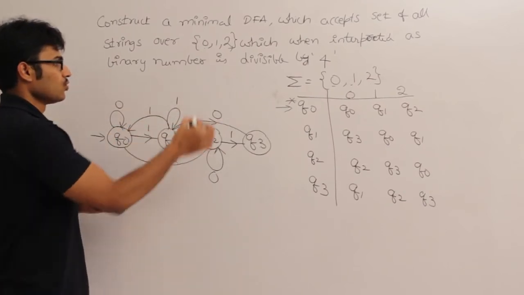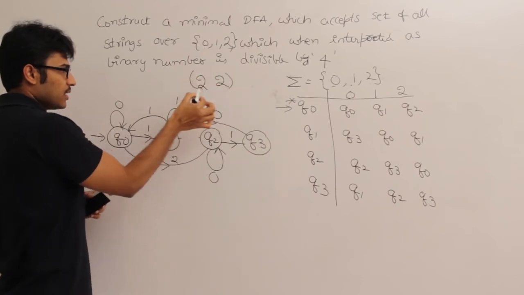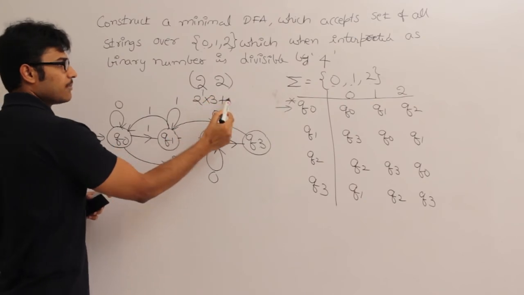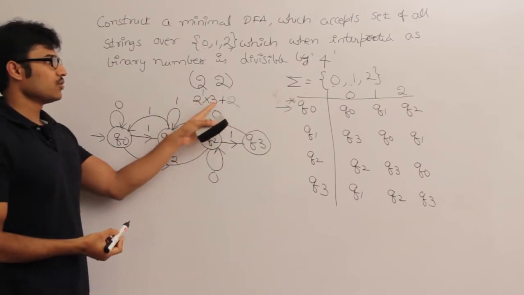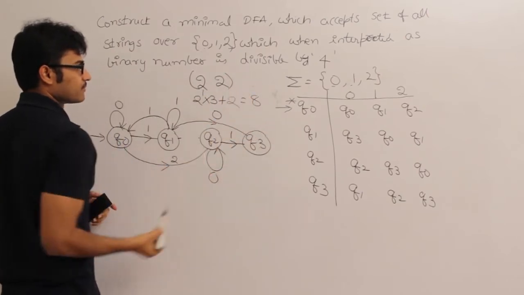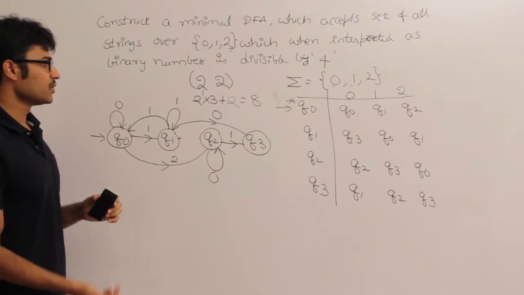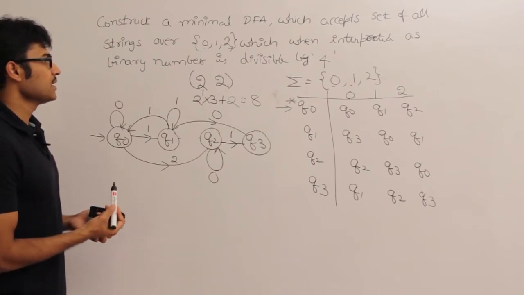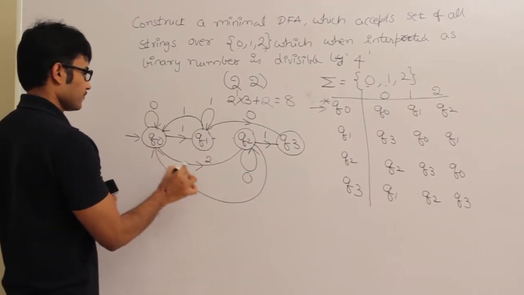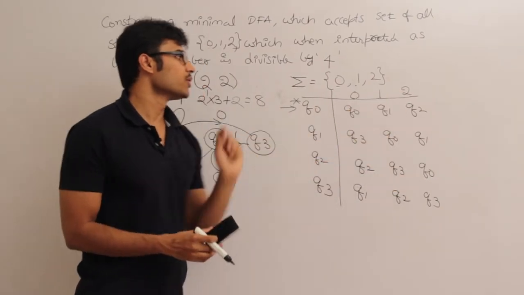Now if in Q2, which means I have seen 2, I see a 2, then it is going to be 2 into 3 plus 2, which is nothing but 8, right? So 8 when divided by 4 is going to give a remainder of 0. Therefore on seeing 2, I have to go to Q0.